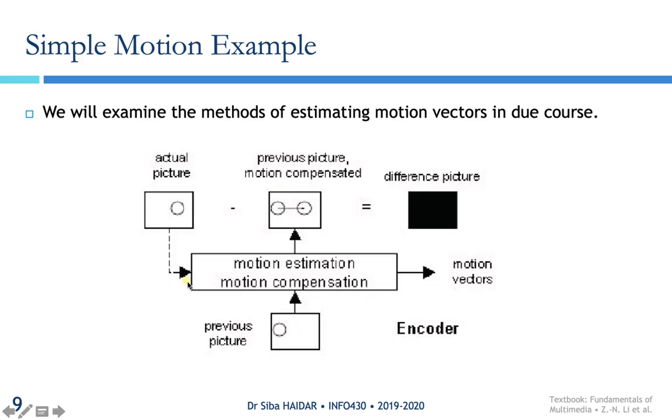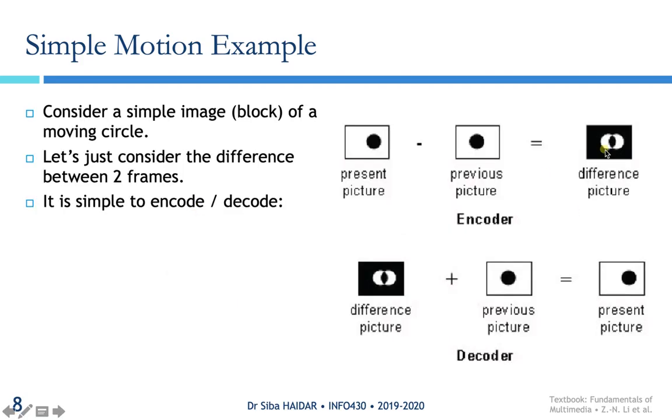As you can see in this graphic, there is our actual picture, and here is our previous picture. In the previous picture, the ball was a little bit to the left, and the ball advanced to be a little bit to the right. How do I code this? Instead of making the difference as in the previous example, look at the difference. We have lots of zeros, but we also have lots of ones.